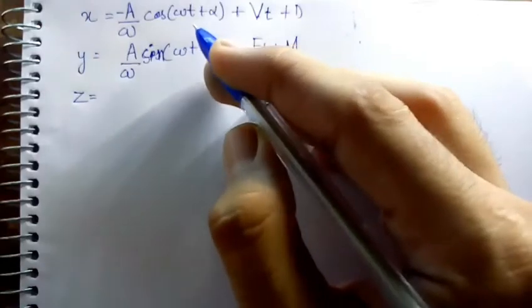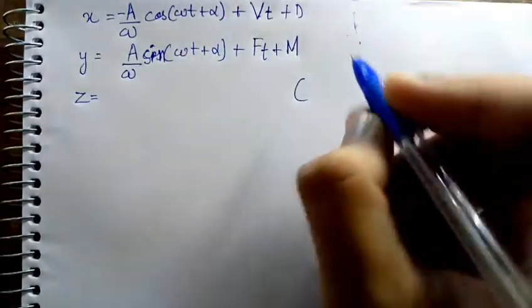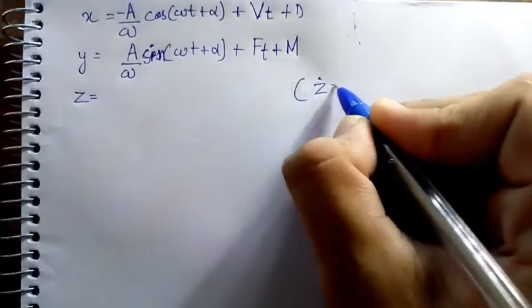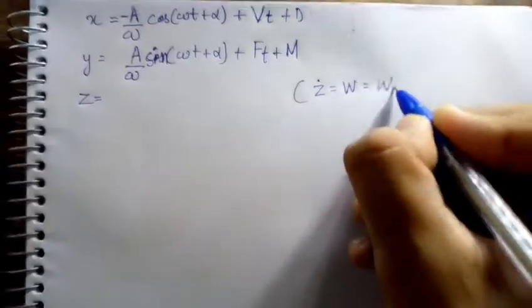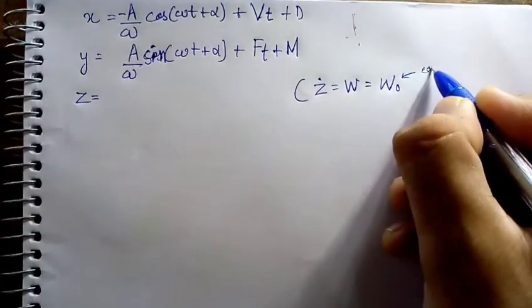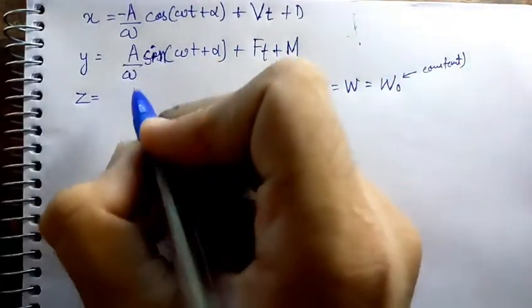Okay guys, we have derived the equations of motion x and y, and we have also derived z dot or w, which we have got as w naught. It is an arbitrary constant, which we have explained.